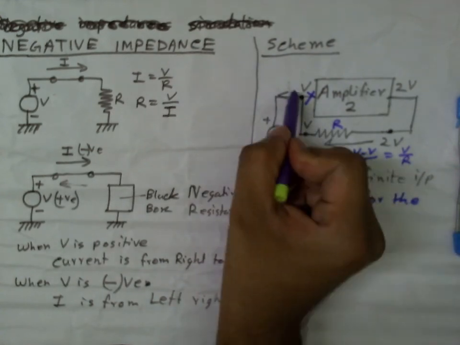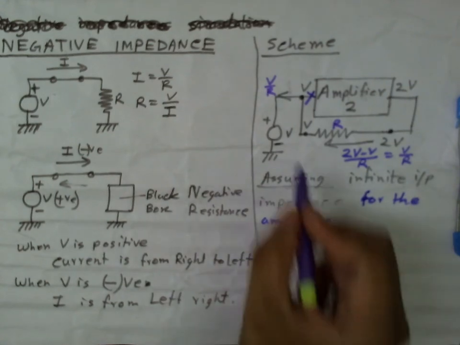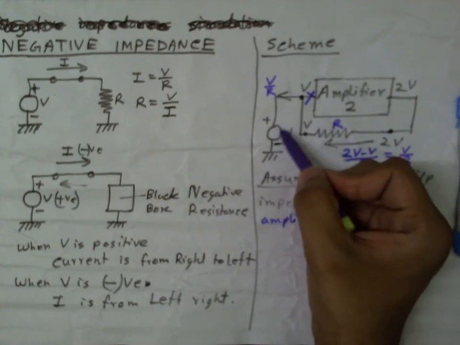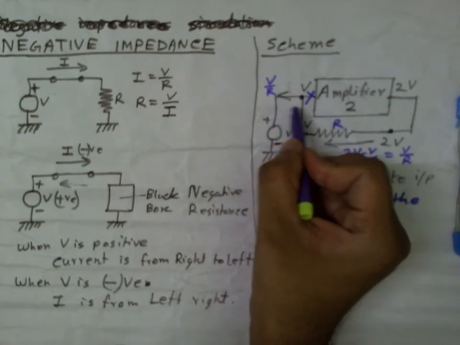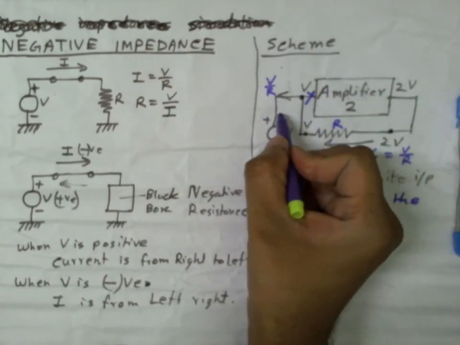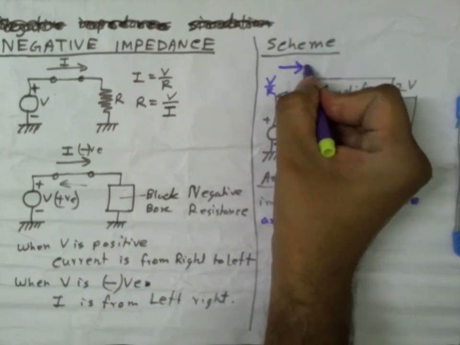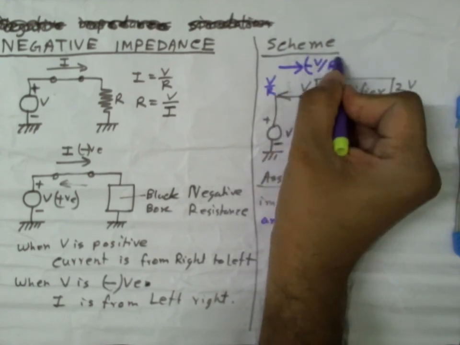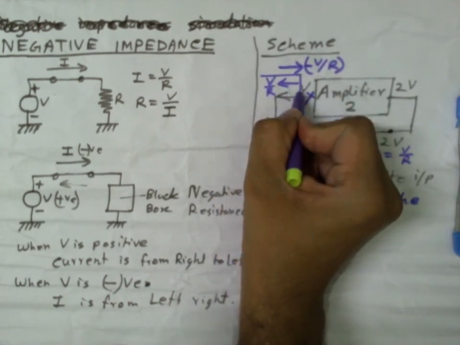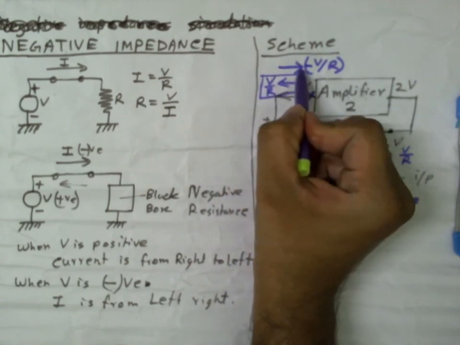And if I had chosen the sense of current in the normal usual direction, from left to right, this current is actually minus V by R. Right to left is plus V by R, that means left to right is minus V by R.